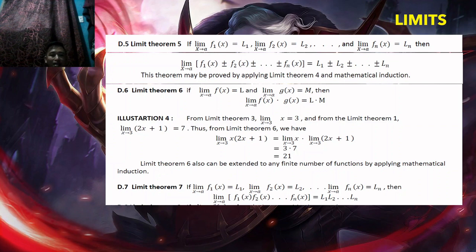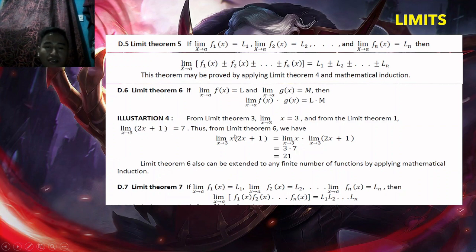Now, the limit of a product. If the limit of f(x) is L and the limit of g(x) is M, then the limit of the product f(x) times g(x) as x approaches a is equal to the product of L and M. Illustration 4: the limit of x as x approaches 3, and the limit of 2x + 1 as x approaches 3 is 7, since 2 times 3 is 6 plus 1 is 7.